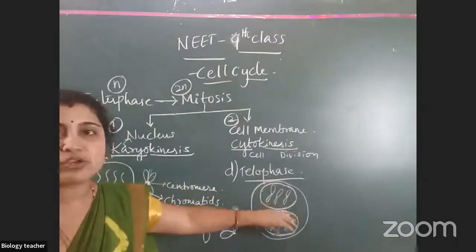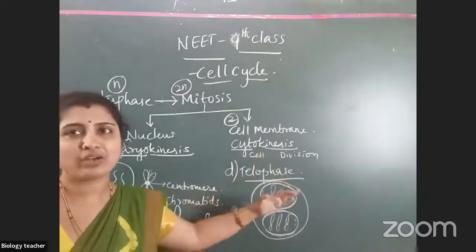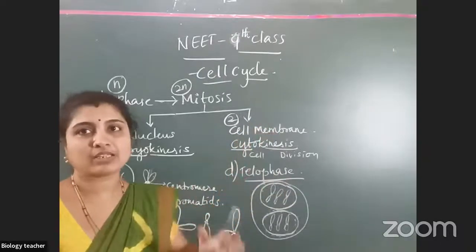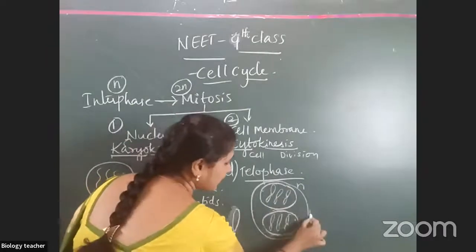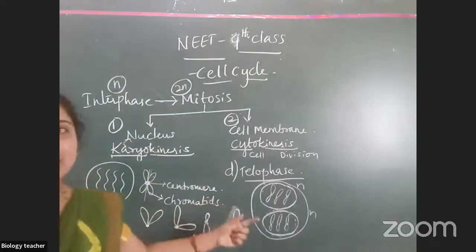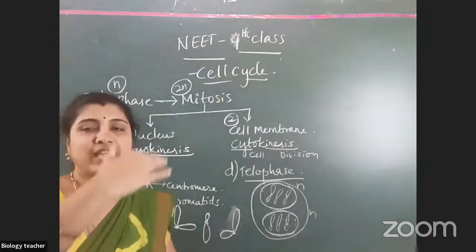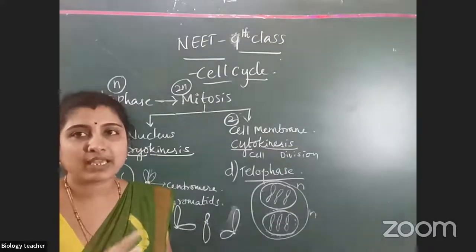So division of the nucleus happens. The nucleus is divided into one part and another part. Up to here it was 2n, now here 1n, one set on one side and one set on the other side. After the sets have moved, the nuclear membrane is reappearing.